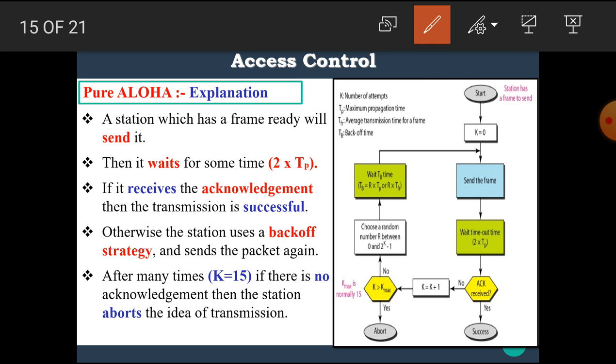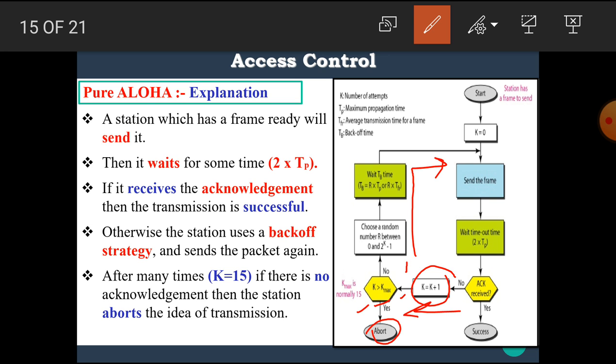The back-off strategy is shown here, in which the station waits for some back-off time, calculated after k = k + 1. If k is greater than Kmax, then it aborts the operation, and if k is less than Kmax, then it goes for the next cycle.